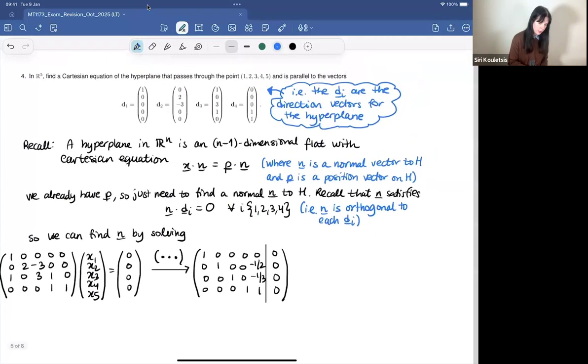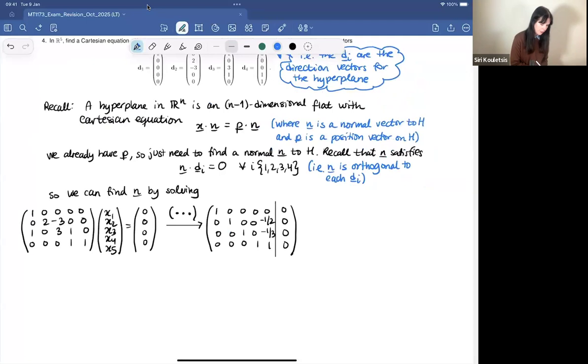So if we call this here AX equals 0, well, then this is the reduced row echelon form.